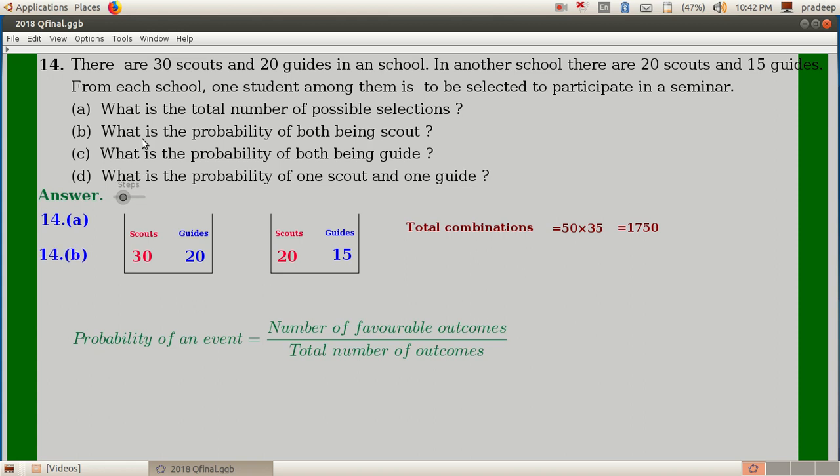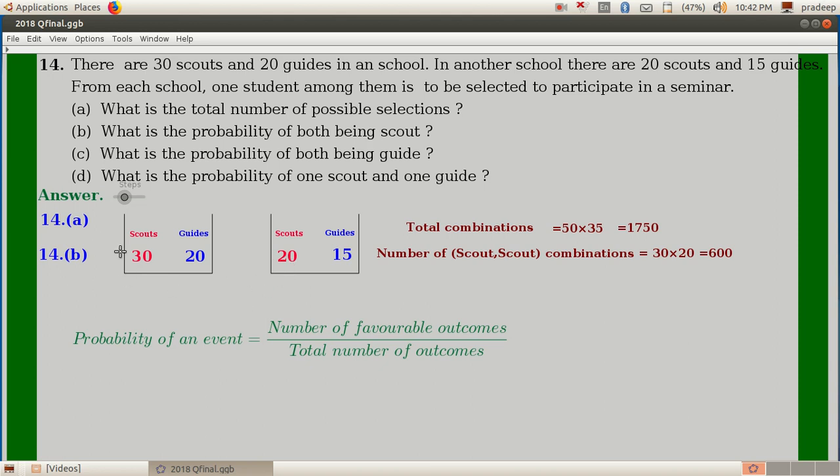So the second question here is, what is the probability of both being scout? We want to get both scouts. Therefore, we have to find the number of both scouts combinations, that is, both from here and here, both the students must be a scout. Therefore, 30 scouts and 20 scouts here.